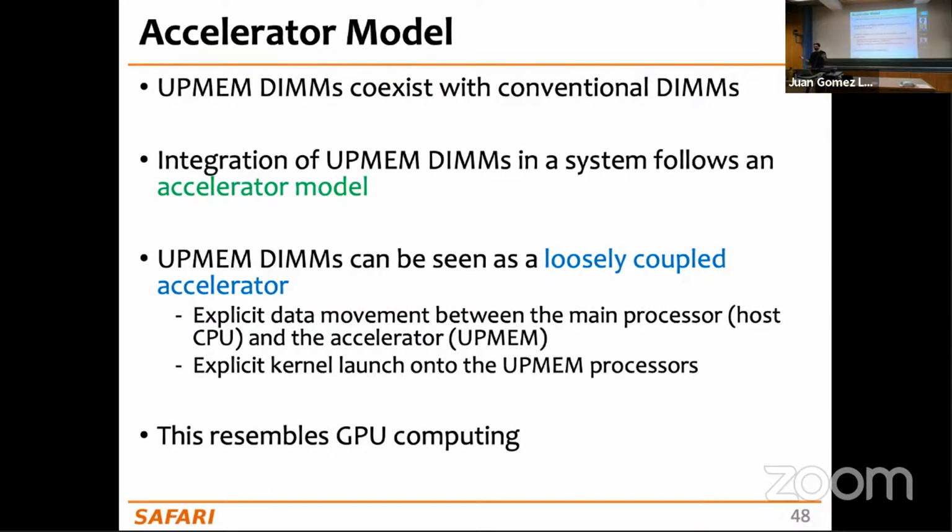One important difference here is that in a heterogeneous system with a discrete GPU, the channel that we typically use to move data from the main memory to the global memory of the GPU is some external bus, like PCI Express or maybe NVLink in some systems based on NVIDIA GPUs.